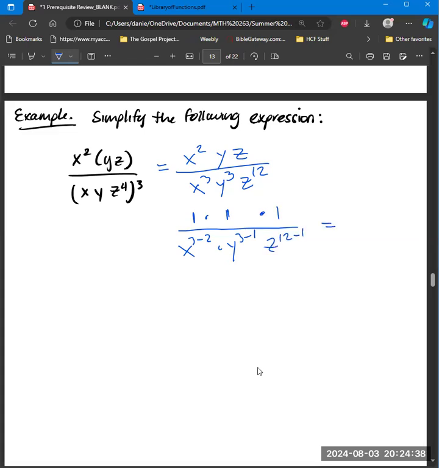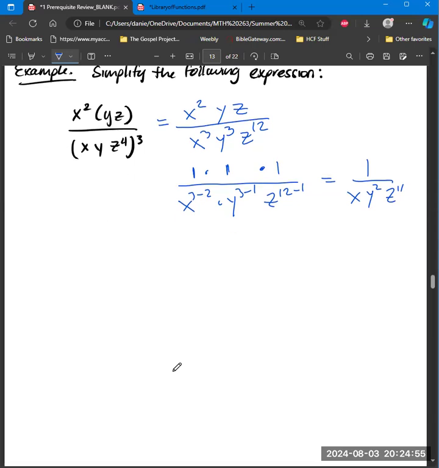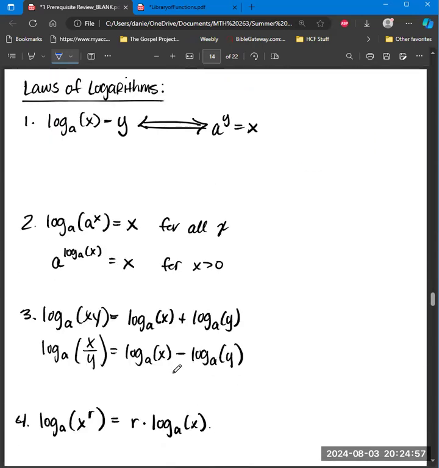And we get ones left up top as placeholders. So 1 over x to the first, y to the second, z to the 11th. I put lines through my z's here just so that you can see that it's not a 2, because my 2's and my z's look a lot alike.